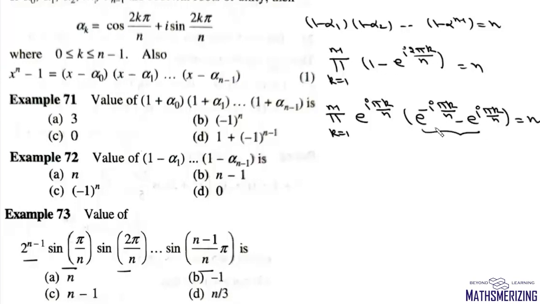Now this is cos θ − i sin θ − cos θ − i sin θ. So it will be this product, k varies from 1 to n minus 1, of e^(iπk/n) times (−2i sin(πk/n)), and this value will be equal to n.